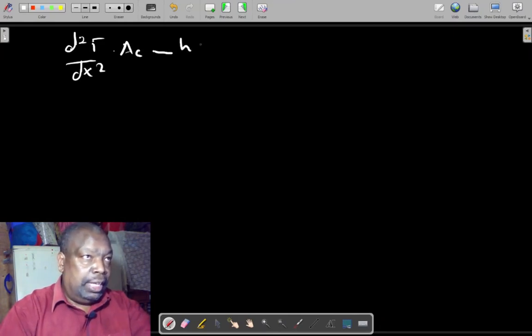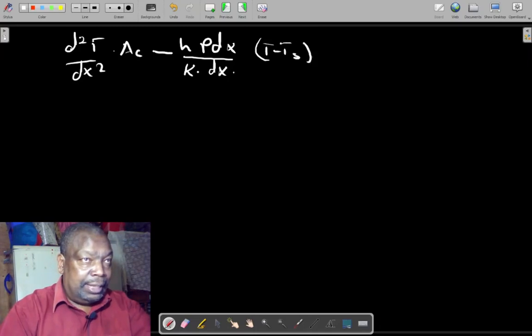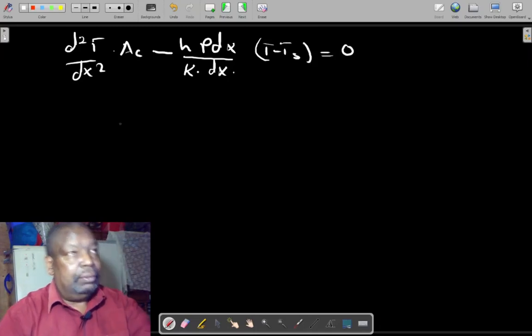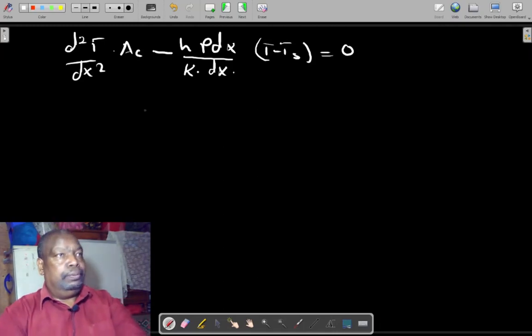Instead of dAs, we'll put P dx, and we're dividing by k, and we're dividing again by dx and multiplying by T minus Ts, and all of that is equal to 0.